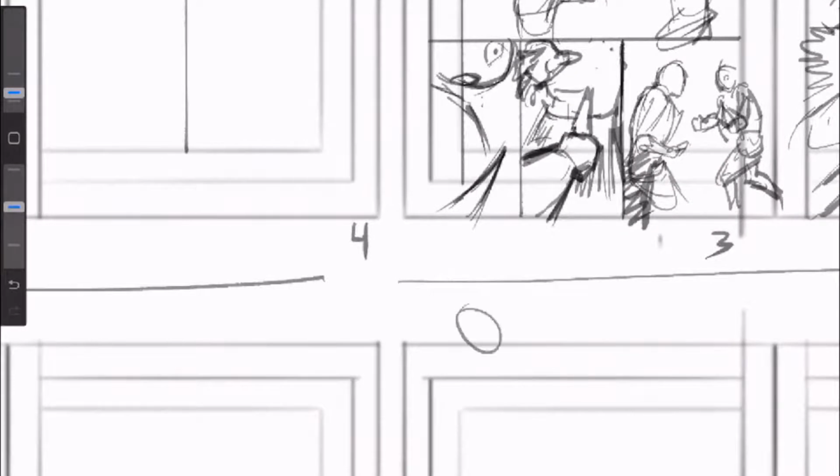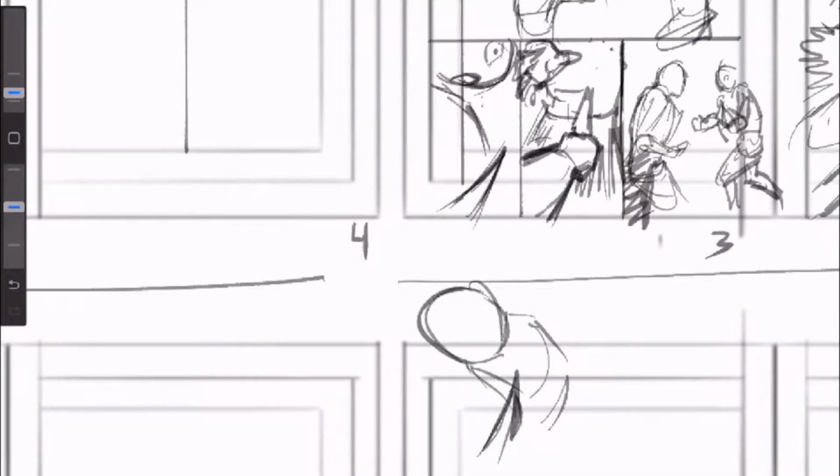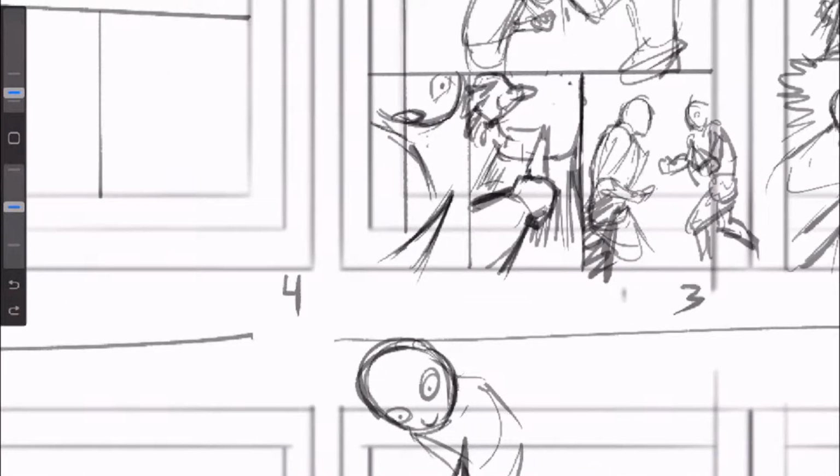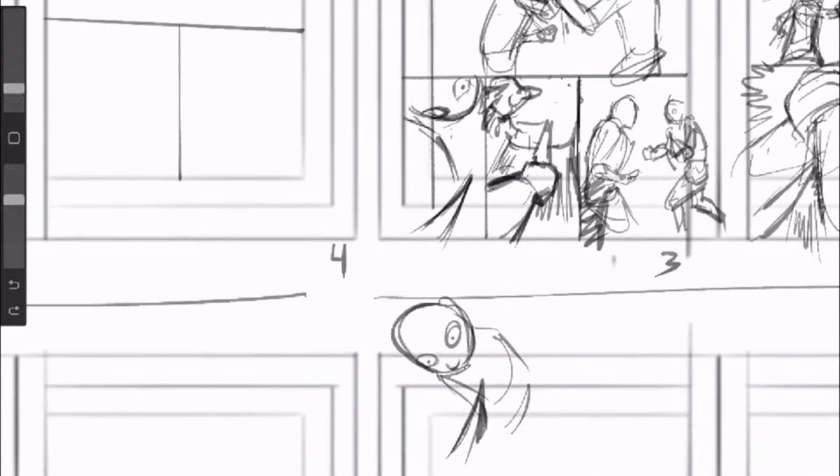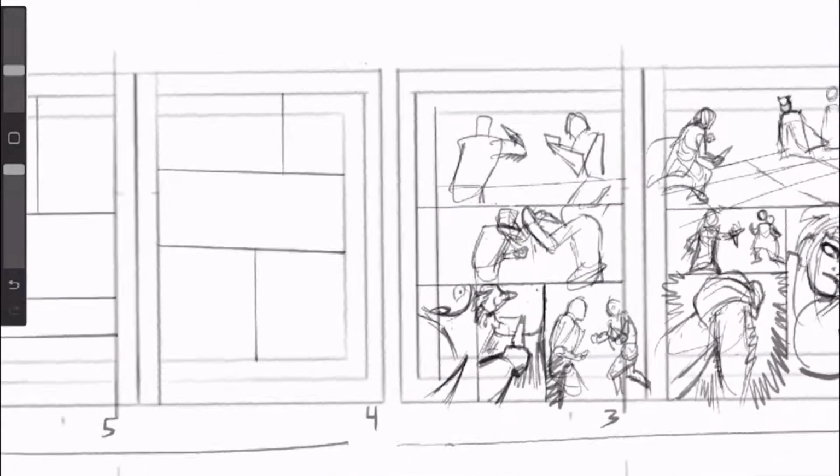It's kind of like the head gets a lot bigger here. Something like that. I will find a reference if I need to, but not right now.